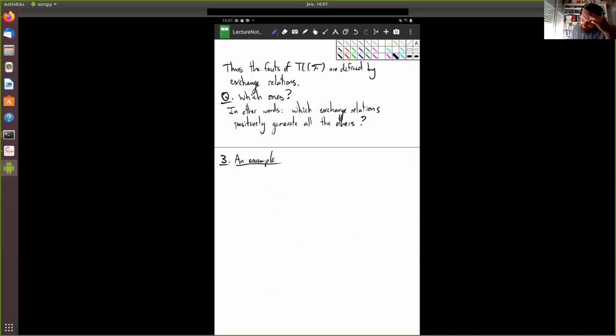So the G vector fan in type A2. So Q is 1, 2. Same as before. The other advantage of the G vector fan in type A2 is that it doesn't take a long time to draw on the blackboard or whiteboard, or however I should call this machine.